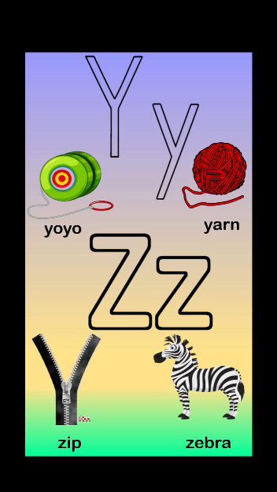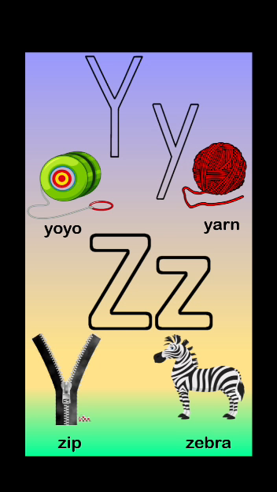Now the next letter is letter Y. And what is the sound of letter Y? Y. What are the vocabulary words of letter Y? Y for yo-yo.